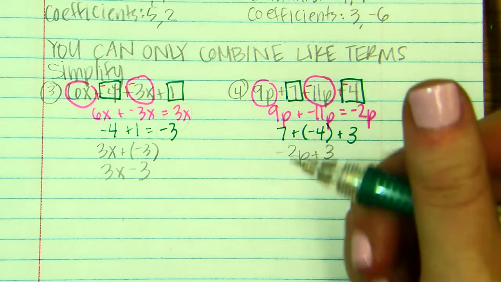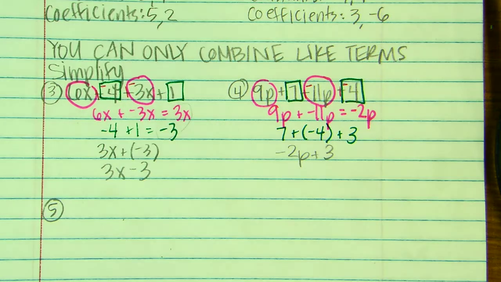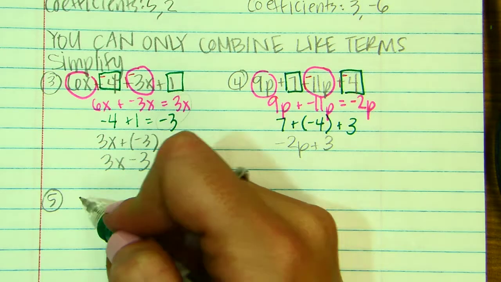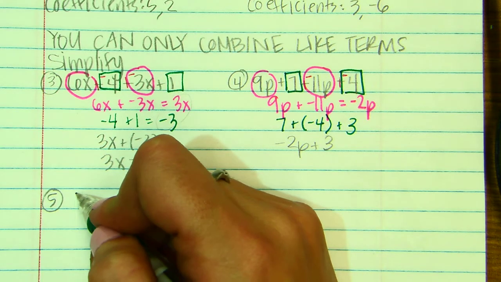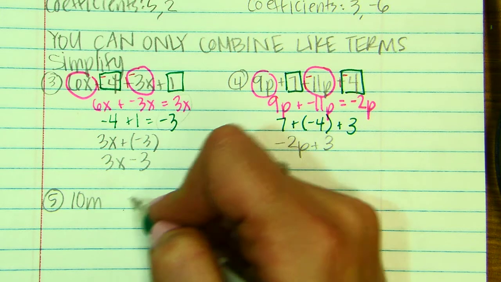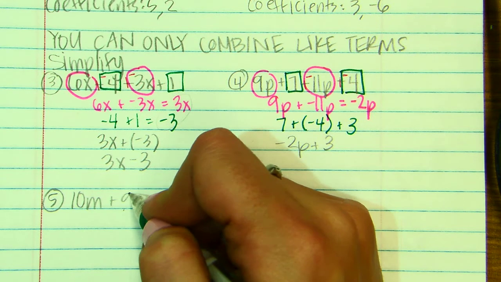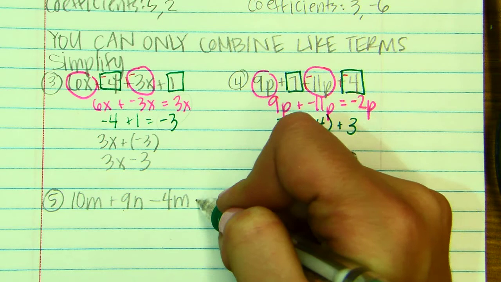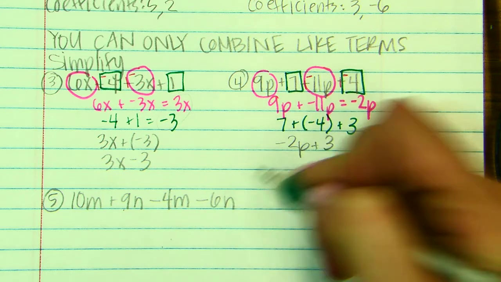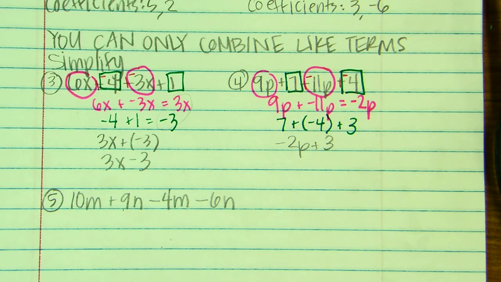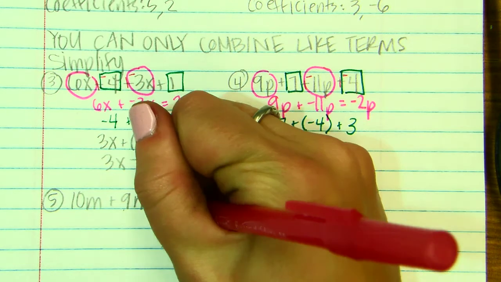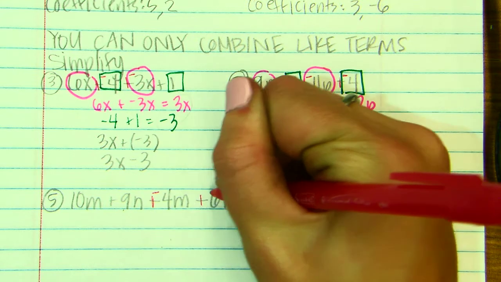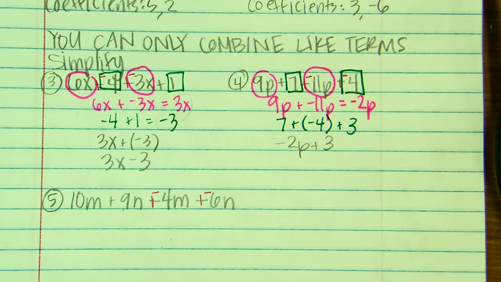Let's do example 5. Let's do 10m plus 9n minus 4m minus 6n. And again, the very first thing I always need to do is change the sign in the one behind. Then I'm going to look for sets of like terms.